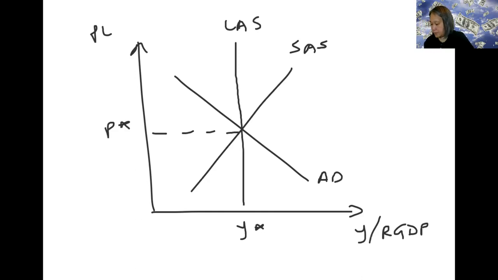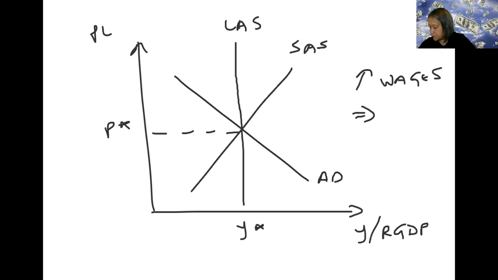Now cost push inflation is caused by a leftward shift of our supply curve. What could cause that? Let's say that there is an increase in wages, globally or nationally. If there's an increase in wages, that affects the cost of production.